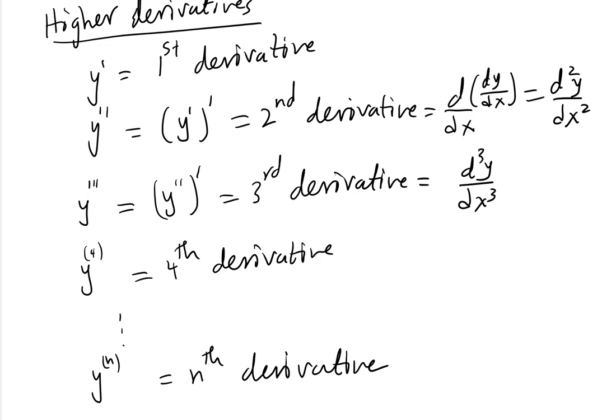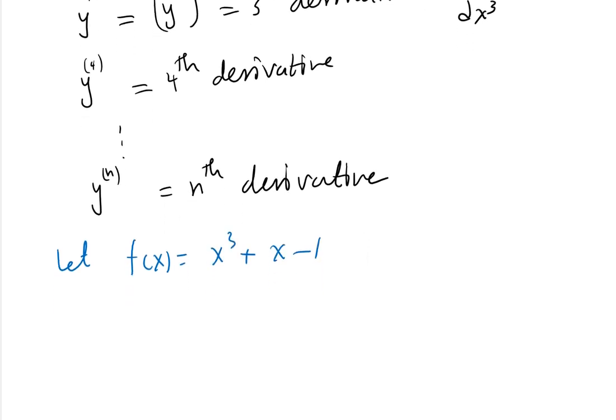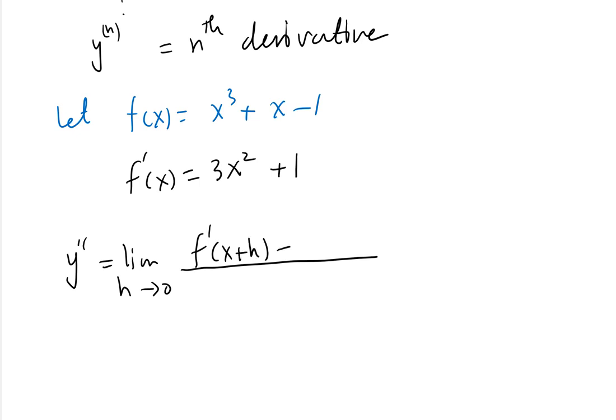So if we look at an example on this, let f of x be the function that we started with today. And what we did, we found its first derivative, f prime of x, which is 3x squared plus 1. To find the second derivative, we find the limit as h goes to 0 of f prime of x plus h minus f prime of x all over h.